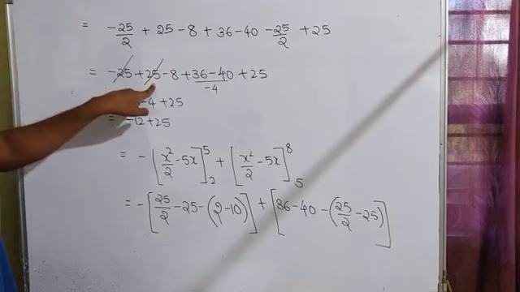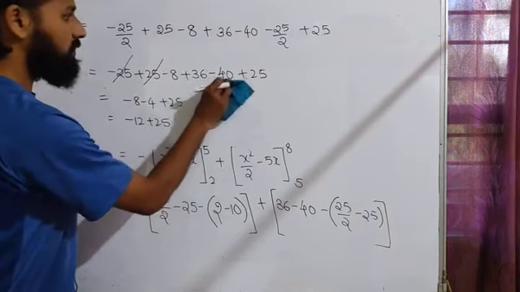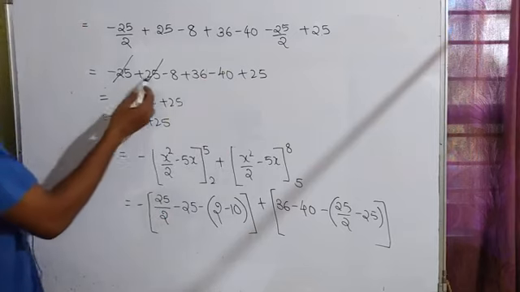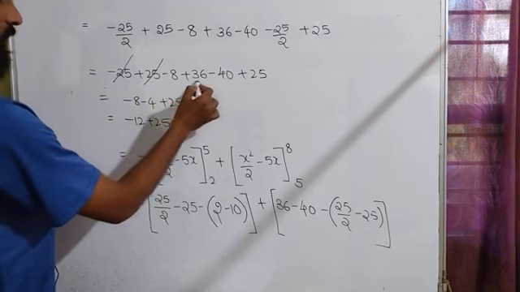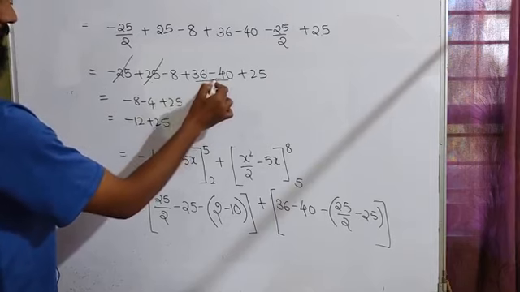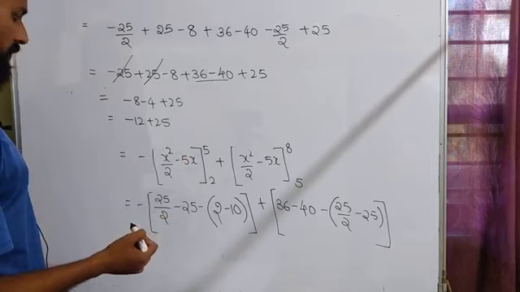This will be plus 25. This is minus 8, and this is plus 36 minus 40 plus 25. So these two cancel each other. So this will be minus 4. Yes or no? Yeah, this is minus 4. This is minus 12 plus 25. So this is minus 12.